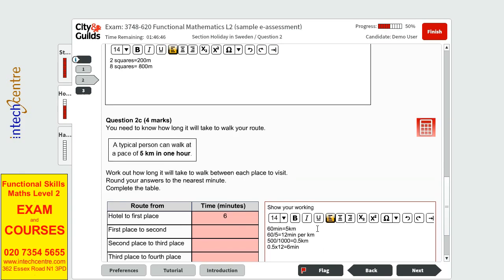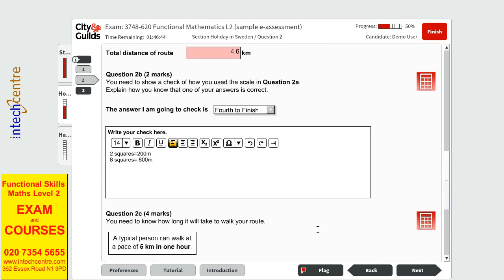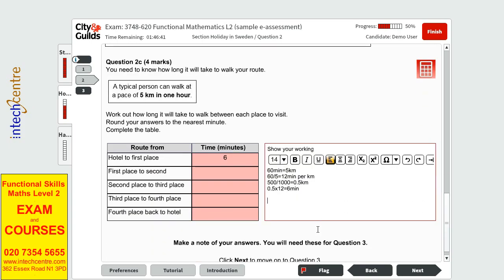The next one, we have 700 meters. The same idea applies. We would divide the 700 by 1000, and we will get 0.7. And that is again kilometers. 0.7 times 12.